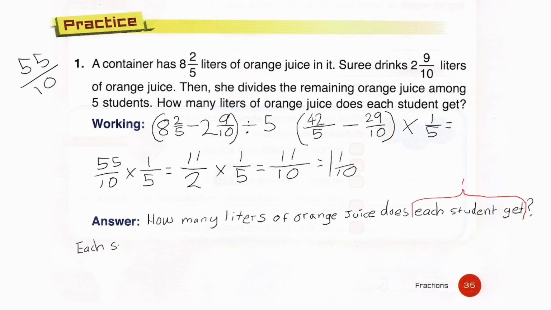Student get. Okay, but we must add an S. So we now have each student gets. So gets how many?